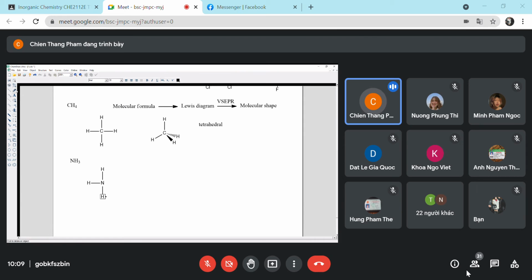Do you think this is a correct Lewis diagram, or can we add anything into this formula?